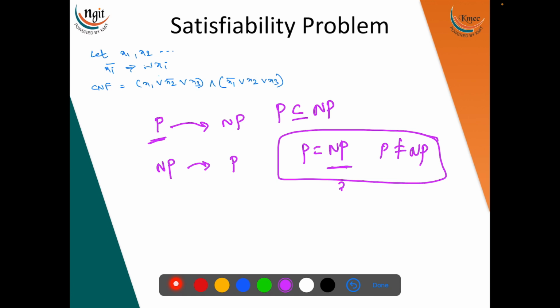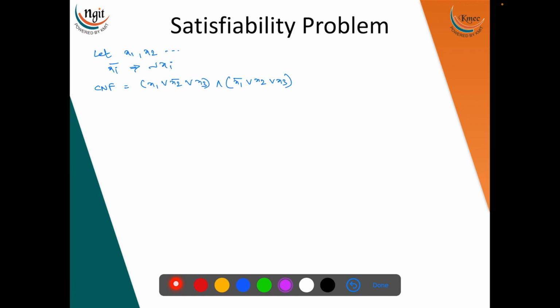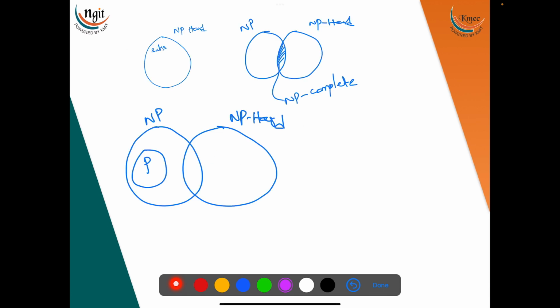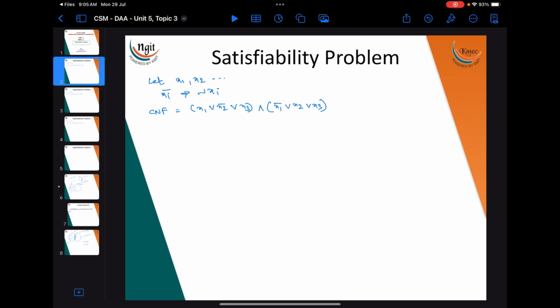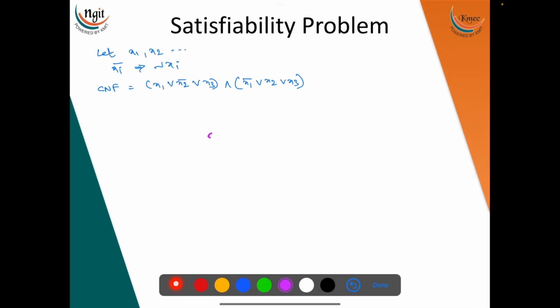So what is the satisfiability problem with respect to the reduction and to implement Cook's theorem? The satisfiability problem is reduced to the 0/1 knapsack problem. Reduction has a transitive property: if satisfiability is reduced to L1, then L1 is reduced to L2.